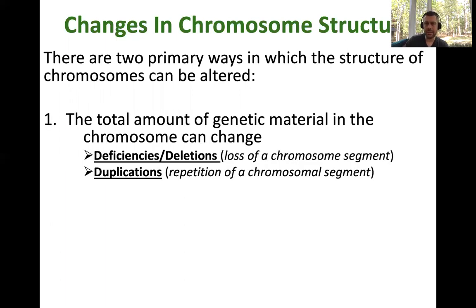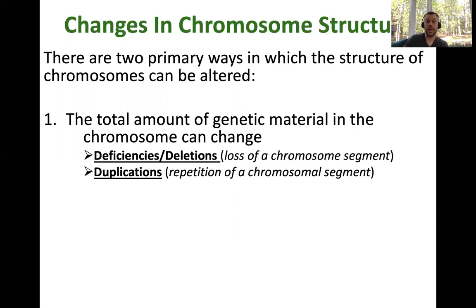There are two big ways that the structure of chromosomes can change. The first is going to change the total amount of genetic material in a chromosome. The first of those types is deficiencies or deletions, when you lose part of a chromosome. The second type is called duplications, where you basically duplicate part of a chromosomal segment.